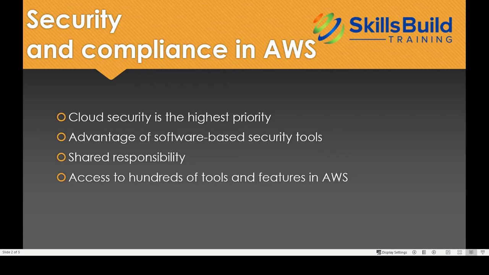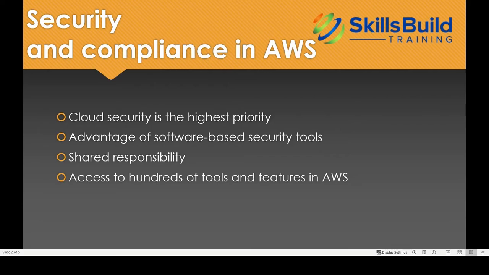AWS provides you with guidance and expertise through online resources, personnel, and partners. AWS provides you with advisories for current issues, plus you have the opportunity to work with AWS when you encounter security issues. You get access to hundreds of tools and features to help you meet your security objectives.